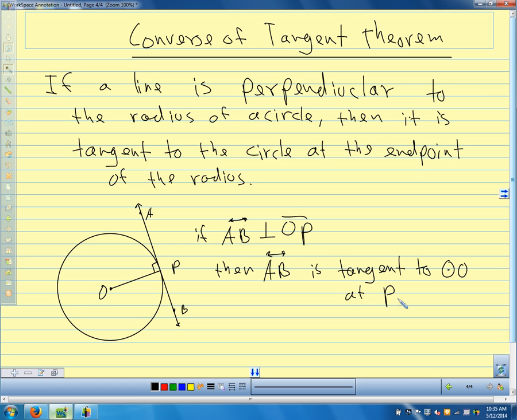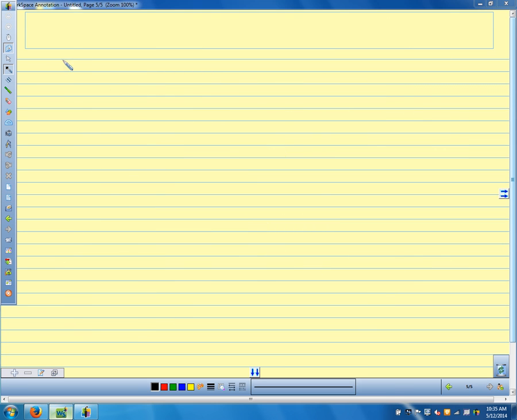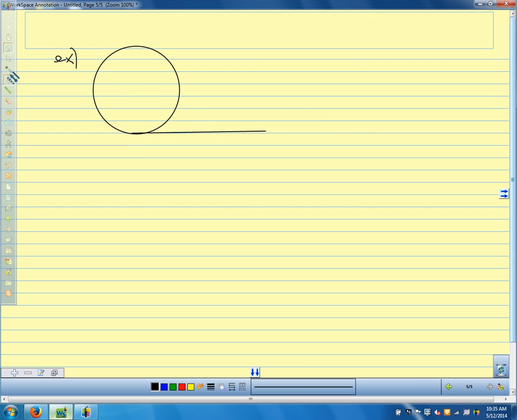All right. Questions about our converse? Okay, let's look at a couple more problems involving tangents and circles. So here's our setup for this problem. We have a circle, and this is a 90-degree angle.